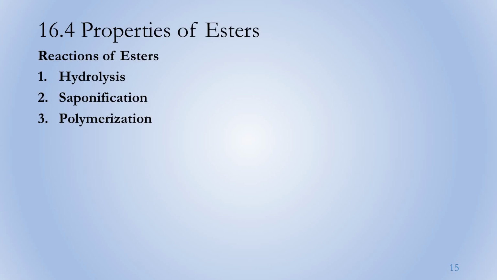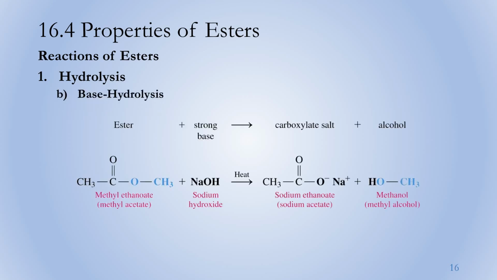So the next bit is reactions of esters that we're missing, and specifically you'll see it's saponification and polymerization. So actually this slide here, I'm going to correct an error I made in the previous video. And you can see, and I kind of ignored it completely in the video, the end product of the base hydrolysis is the carboxylate salt.